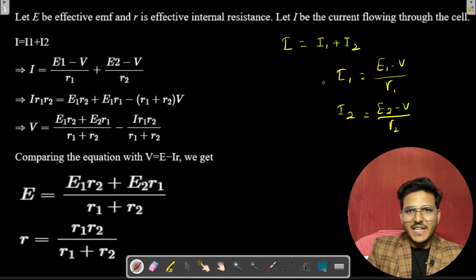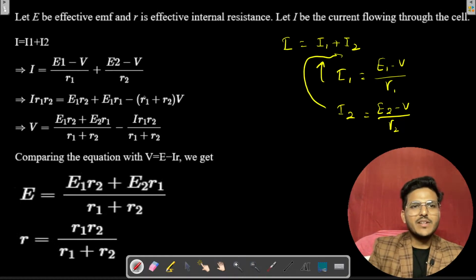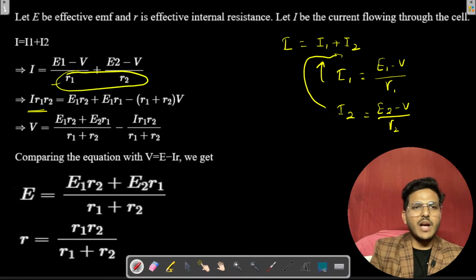So let's put I1 and I2 here. I equals E1 minus V upon R1 plus E2 minus V upon R2. Take the LCM of R1, R2 and put it here.